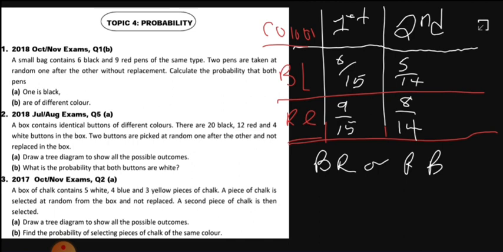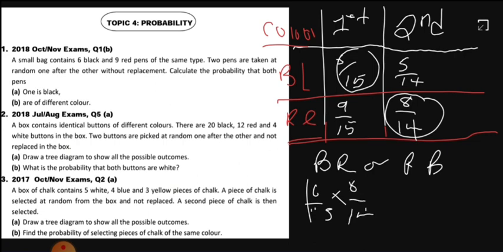Now we must know that in probability, 'and' means multiplication and 'or' means addition. 'Both' means multiplication. So in this case, if we have black at the beginning and red second, black in the first selection gives 6 over 15, multiplied by red in the second selection, which is 8 over 14.